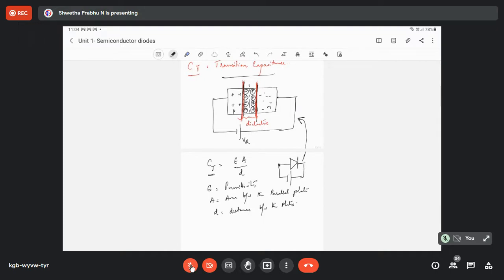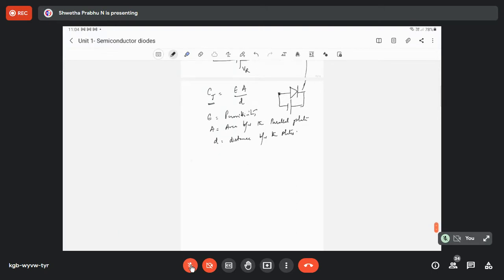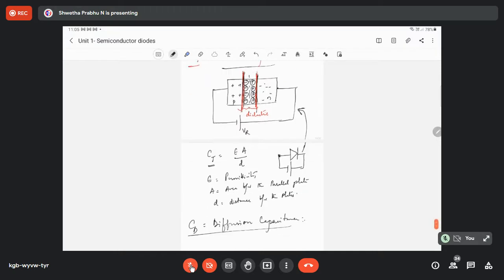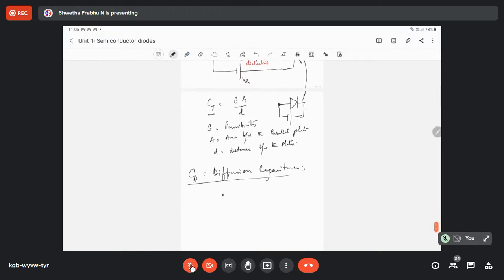Next, coming to diffusion capacitance, the next capacitive effect, represented by CD. I mentioned initially that diffusion capacitance occurs at the junction of a forward bias diode. When the diode is forward biased, it means that P you are connecting to the positive of the battery, N to the negative of the battery.